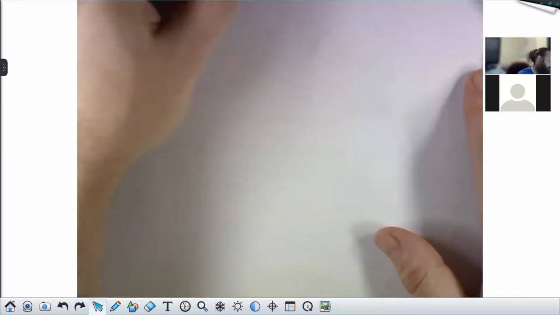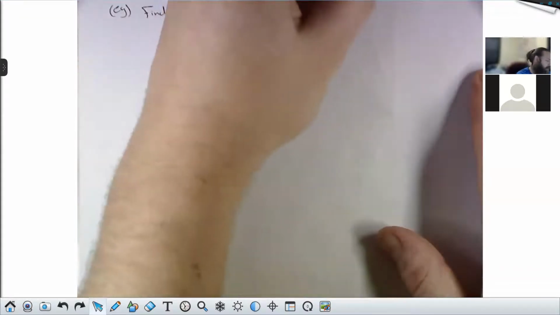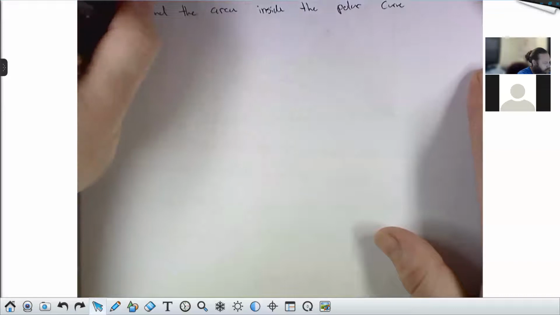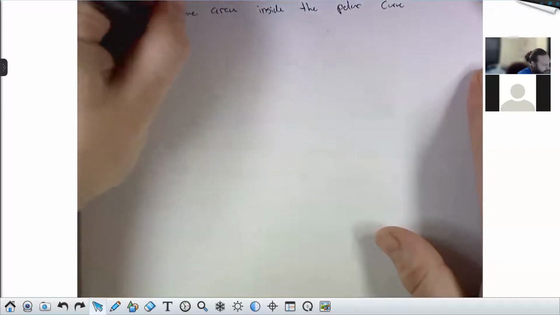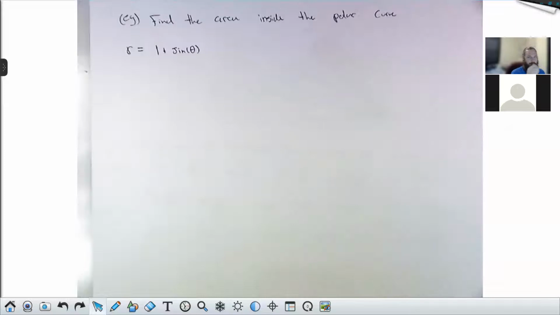Let's find the area inside the polar curve r equals 1 plus sine of theta. So they haven't specified theta values for us. We need to figure those out. They haven't shown us what the curve looks like. We should take a look at that. And then we'll need to set up the integral.